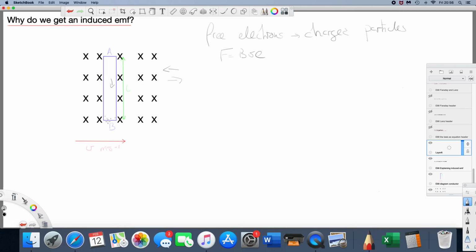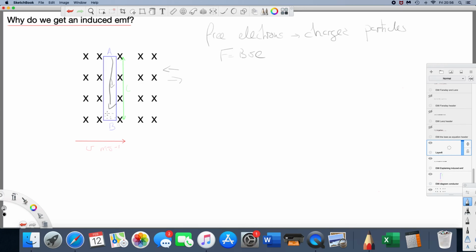Now, of course, that causes an imbalance of charge. What you have now is a build-up of negative charge down here, and more work is needing to be done to move those electrons down here against that repulsive charge. So what you're going to get eventually is a build-up of electrons down here, a lack of electrons up here.